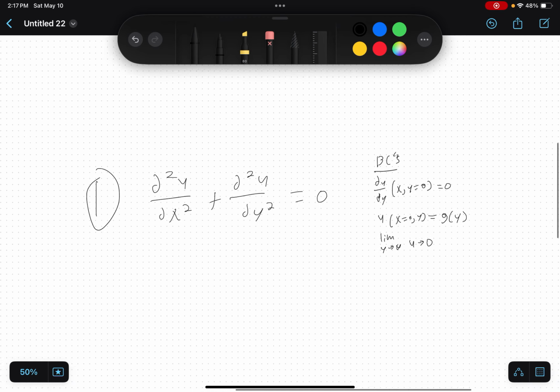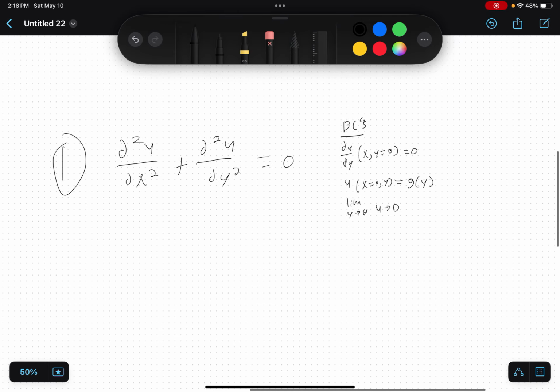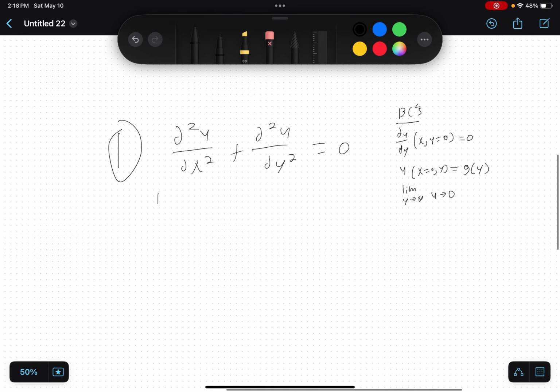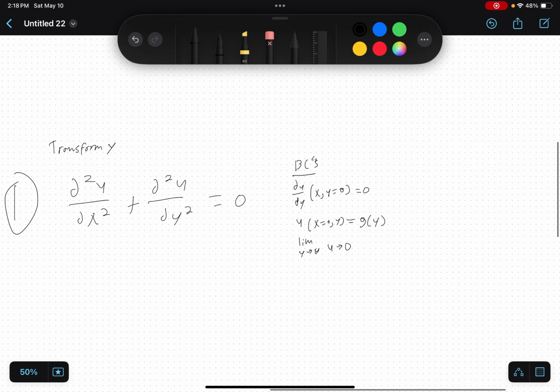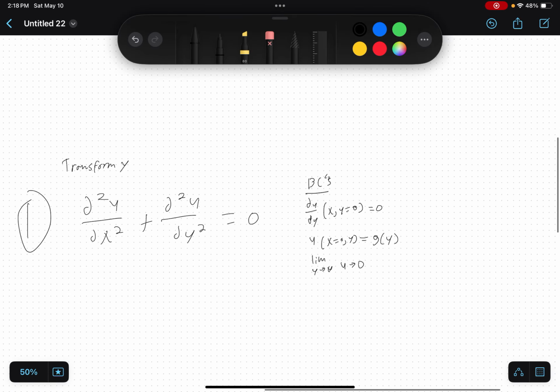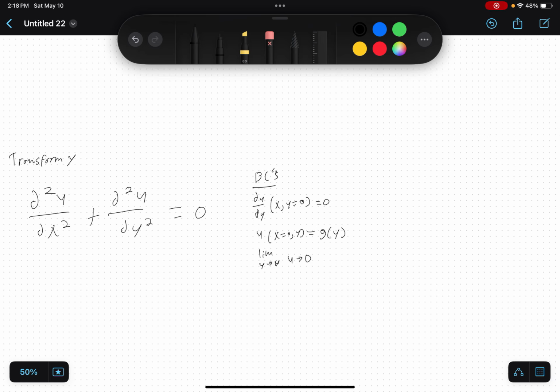So in this case, we want to transform y. We also know one other thing: we know the range of x and y is 0 to infinity.